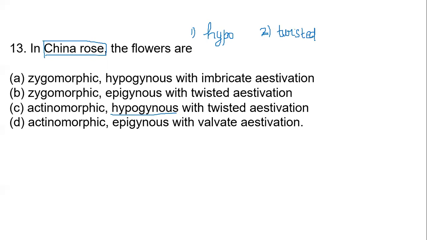So by seeing both of them, you can go with option C. This is not given in the NCERT, but they are zygomorphic flowers as well. So zygomorphic, hypogynous, and twisted aestivation. The correct answer is option number C.